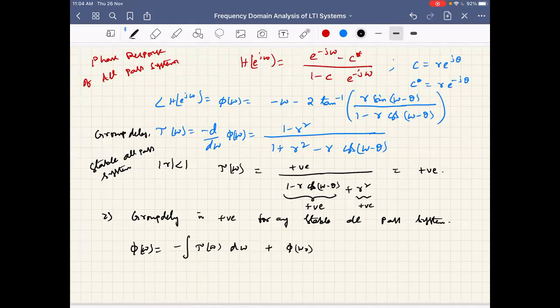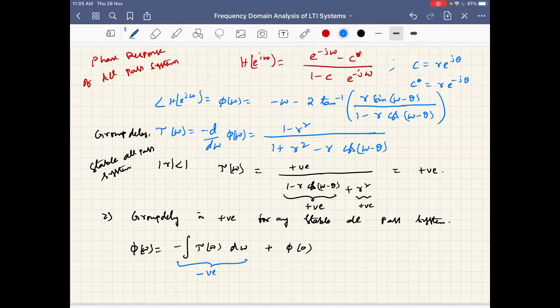Now see, if this is positive, then the first term is the integral of a positive quantity, which is positive, and with a negative sign the whole thing is negative.